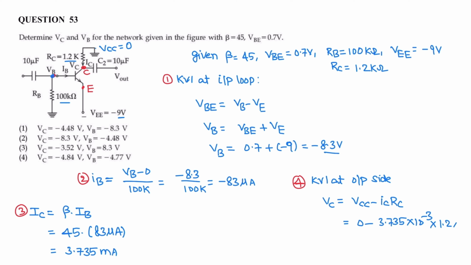Now the collector voltage VC is minus 4.482 volts. Therefore correct option is 1. Collector voltage is minus 4.48 volts and base voltage is minus 8.3 volts.